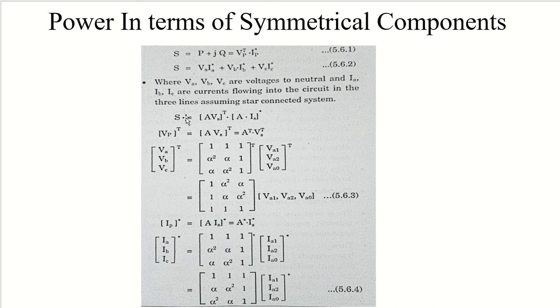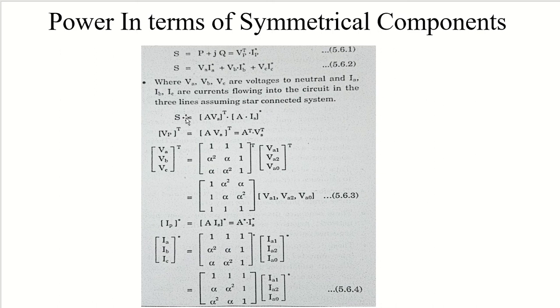The value of A will be the rows 1 1 1, 1 alpha square alpha, and 1 alpha alpha square. That is the value of your A. And the value of Vs will be Va1, Va2, Va0. So we are having almost similar values, and we are taking the transpose of all three of them.